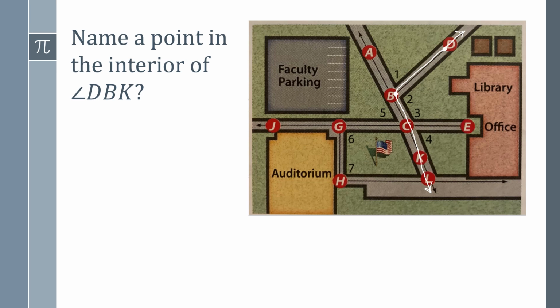All right, there's only one answer. This is the interior. Here's the angle, and there's only one point that's in there. So our point here would be just point E. Okay, let's move on.